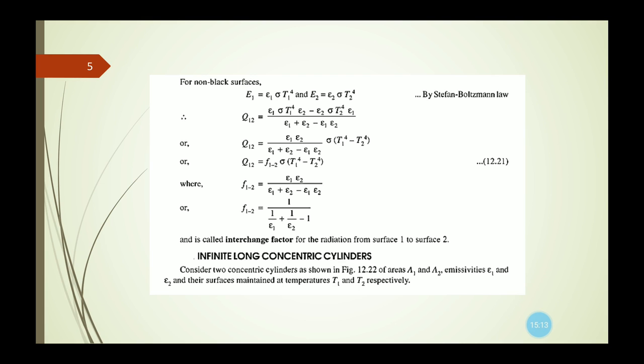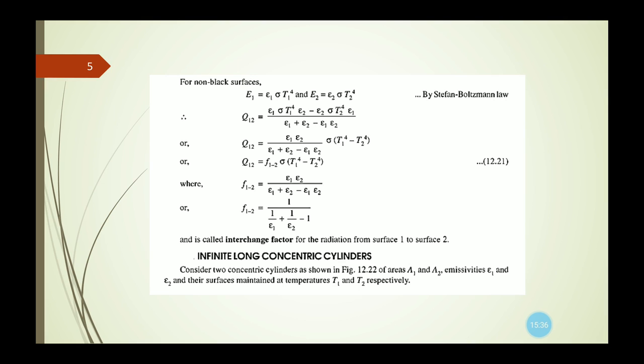Now this formula of the interchange factor, that is small f12, is for heat exchange between non-black bodies considering two infinite parallel planes. This formula for the interchange factor for this special case, that is for infinite parallel planes, we need to remember to solve the numericals.